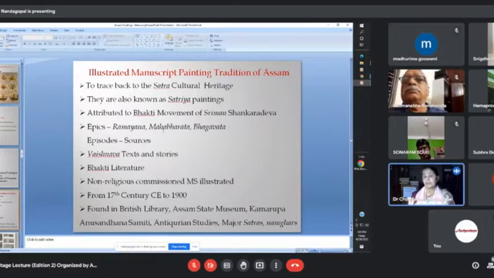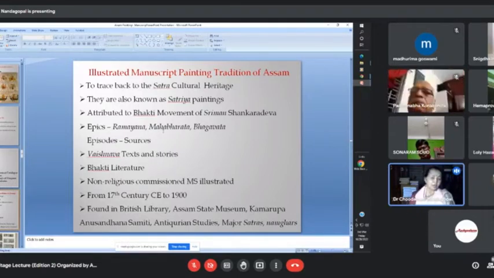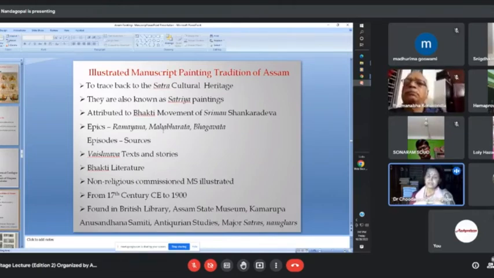If you feel that there are so many sculptures, architecture, paintings, or decorative arts, each region brings it in the same scale, you find in manuscript paintings also. So, the illustrated manuscript painting tradition of Assam. Let us see what is so special about Assam paintings.